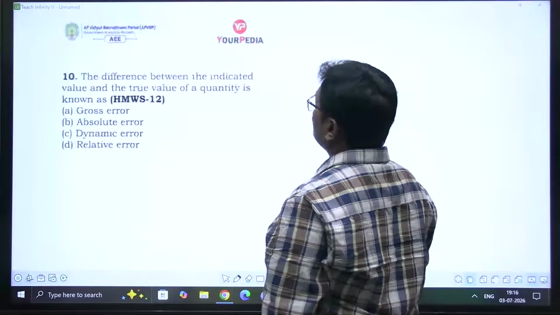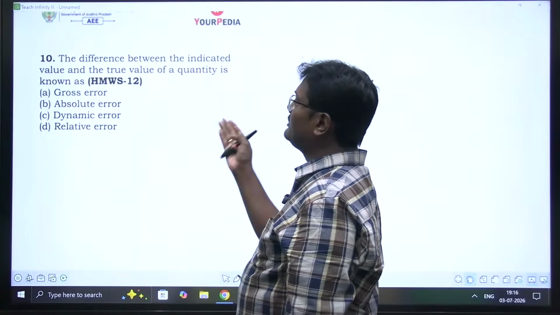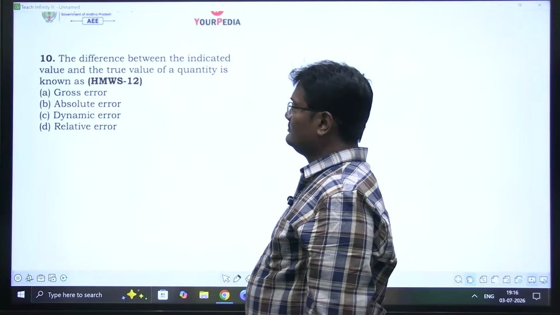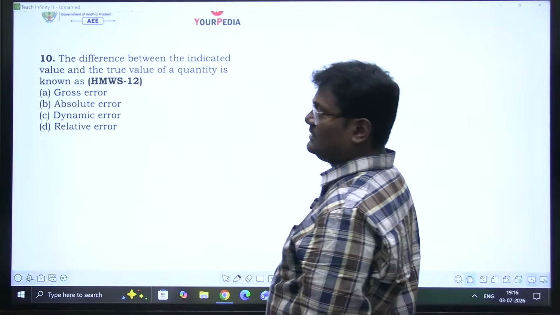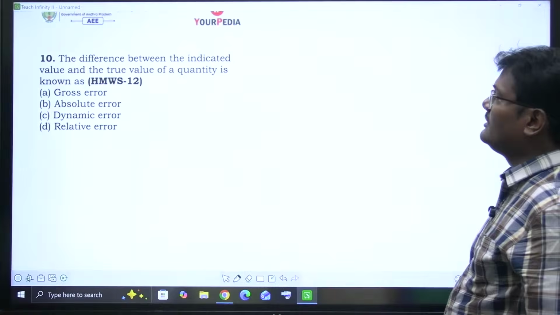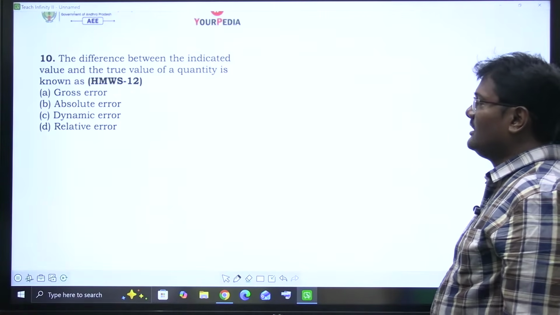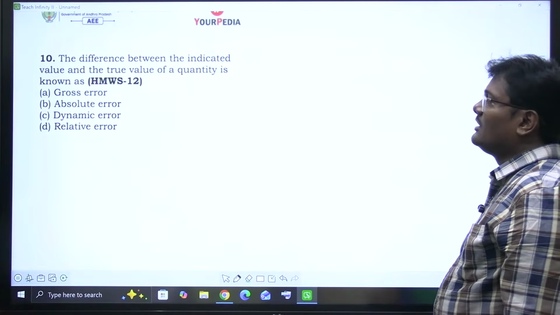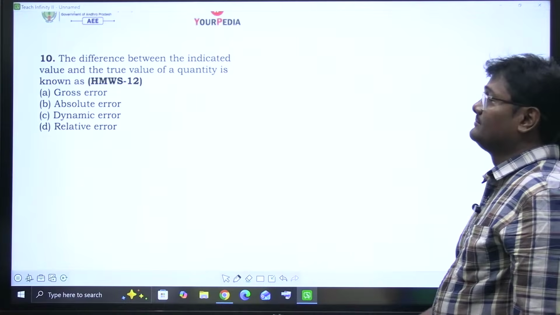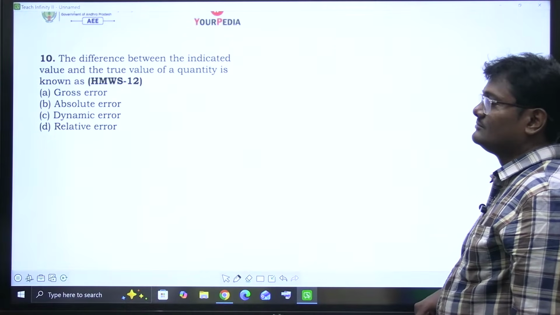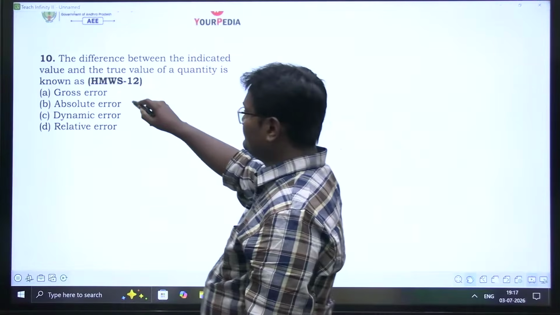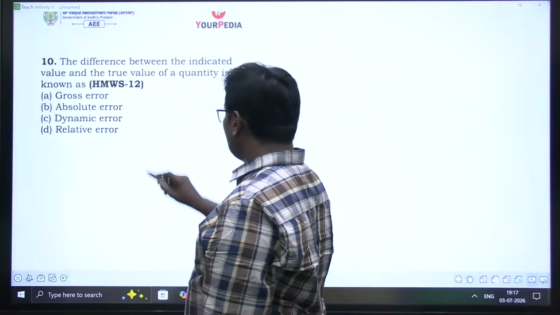Just now I told the difference between the indicated value and true value. The difference between the indicated value and true value of the quantity is known as gross error, absolute error, dynamic error, or relative error. It is an absolute error.